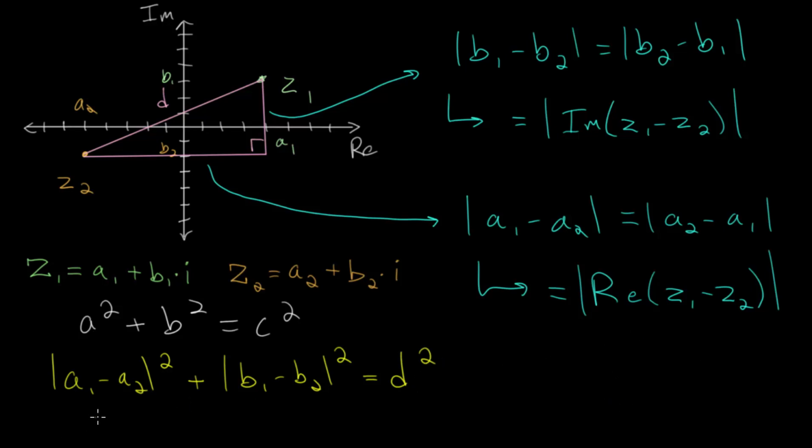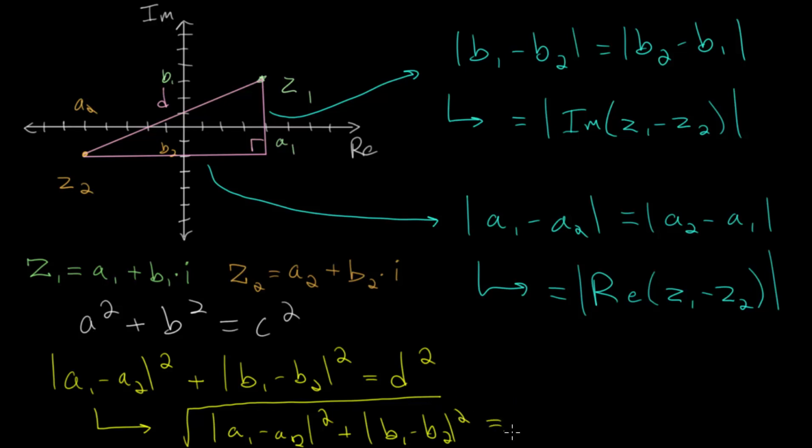And lastly, to actually solve for d, we will take a square root of each side of this equation. So we get that the square root of the absolute value of a1 minus a2 squared plus the absolute value of b1 minus b2 squared, all of this is equal to that distance d.